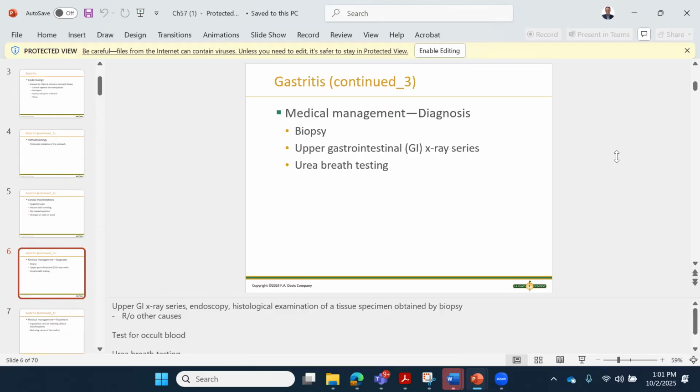Whenever you're looking at any type of medical management, you also want to consider what is the gold standard. So, what is more or most reliable? So, if you had to look at this list we have in front of us, the biopsy, the upper GI X-ray series, and the urea breath testing, the biopsy is most definitive.